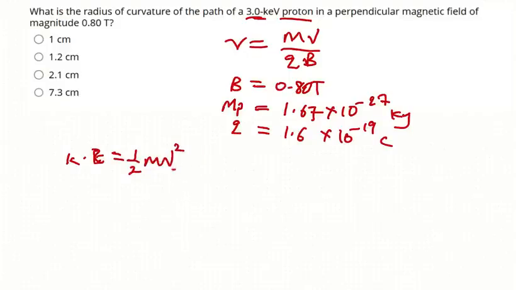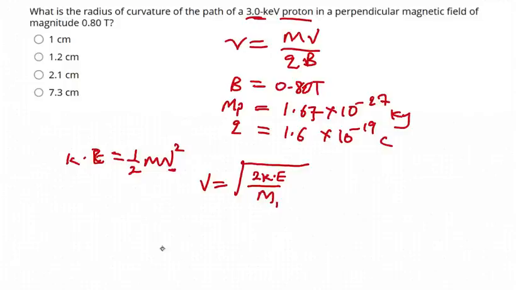So with this we can find the velocity. Making v the subject of the formula, we have that v is equal to the square root of 2 multiplied by the kinetic energy divided by the mass, which is the mass of the proton as well.